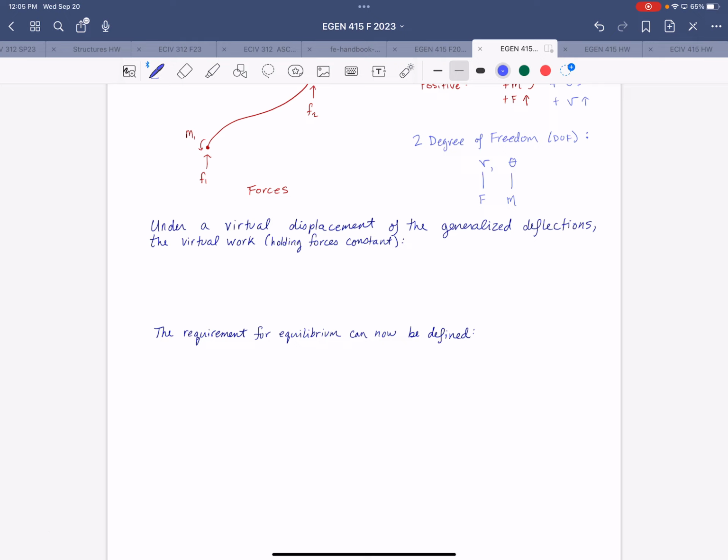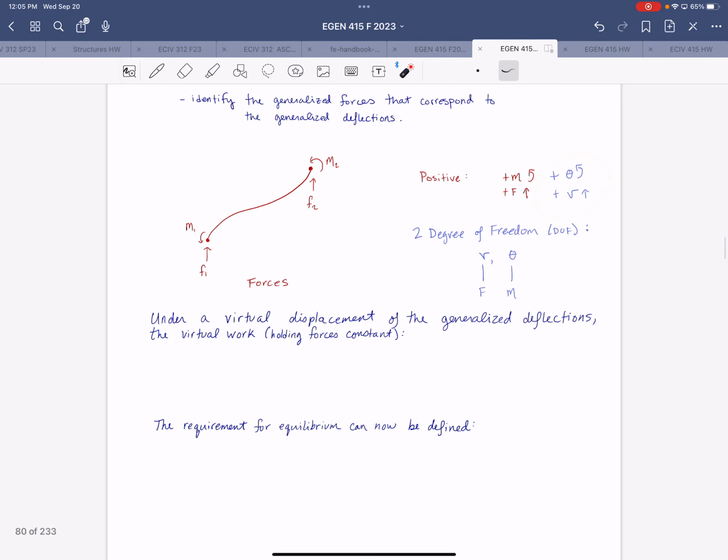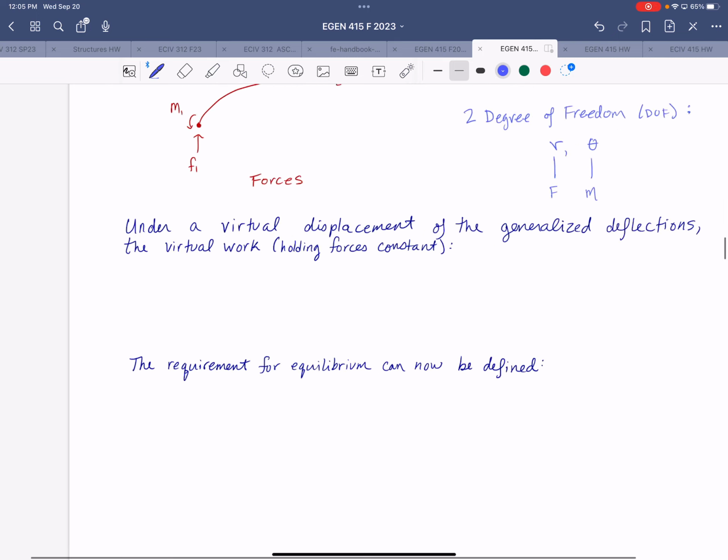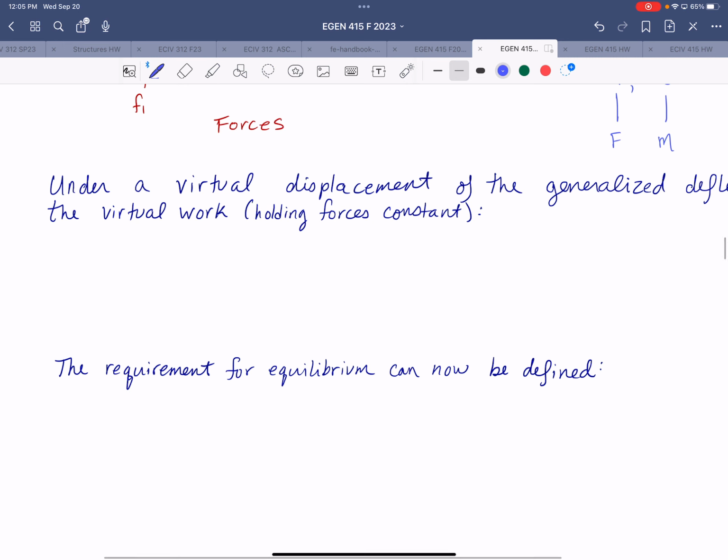Now, under a virtual displacement of these generalized deflections, which are rotation and displacement, we have a virtual work expression, and again, we're holding the forces constant. So the increment in work done due to virtual displacements is essentially just the force times the associated virtual displacement.